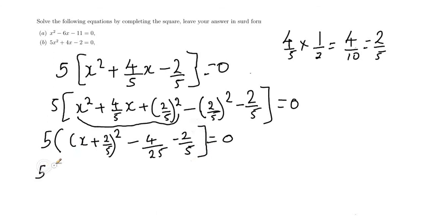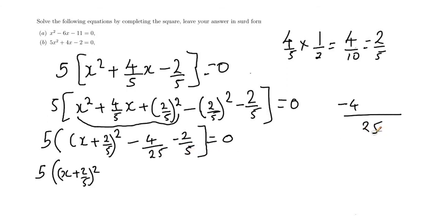Next, we're going to say x plus, of course it's in brackets, plus 2 over 5, square it. We need to evaluate that. Common denominator is 25. 25 into 25, it's 1. 1 times negative 4 is negative 4. We need to be very careful with the signs there, because we can easily get it wrong.